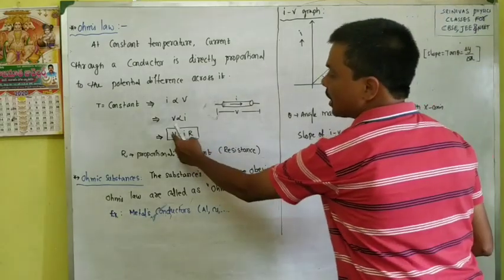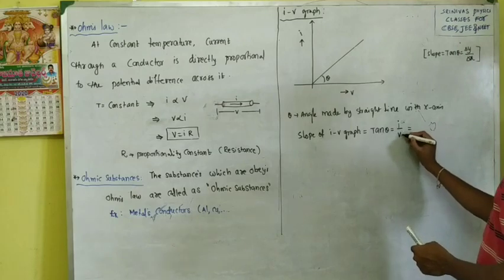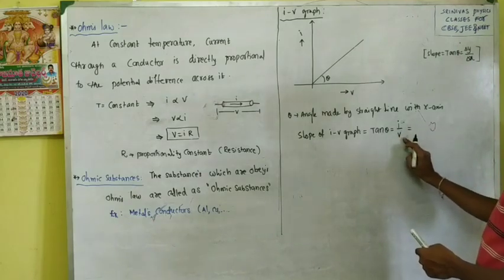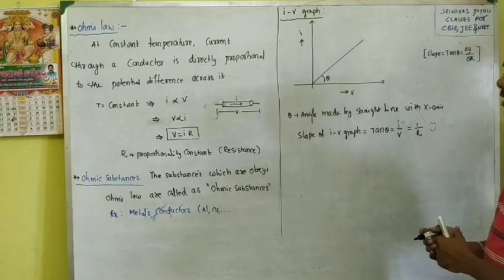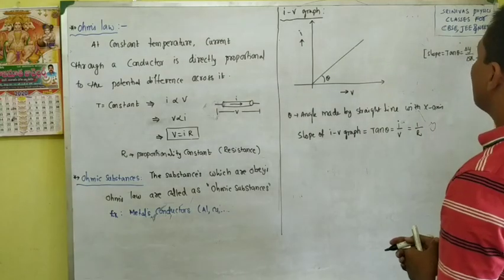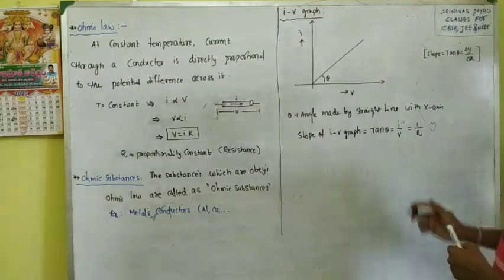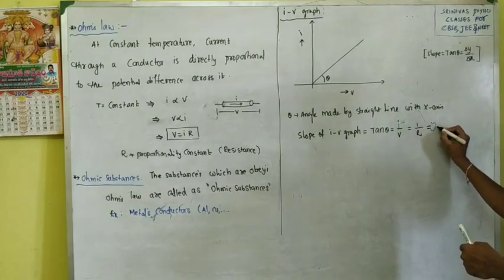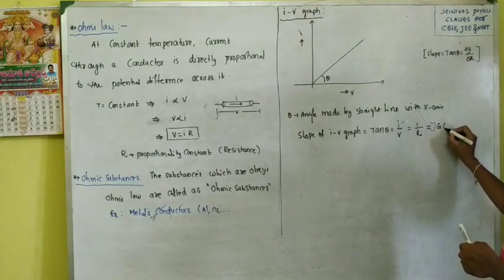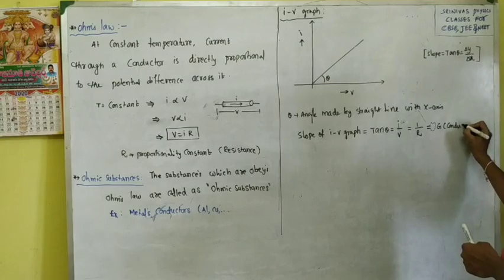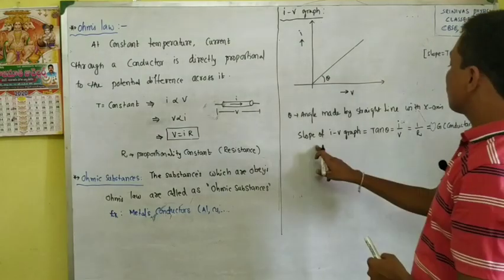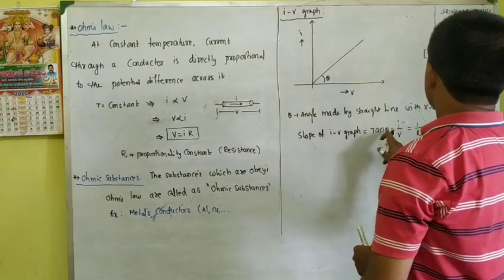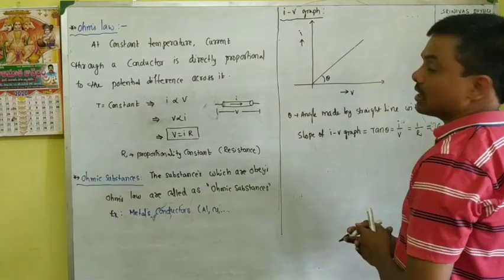According to Ohm's law, V is IR. Okay, IR we write, I and I cancel, then it will give 1 by R. Okay, and this reciprocal of resistance is also called G, where G is the conductance. Okay, we will discuss about this conductance later, right? And the slope of the IV graph indicates the 1 by resistance.